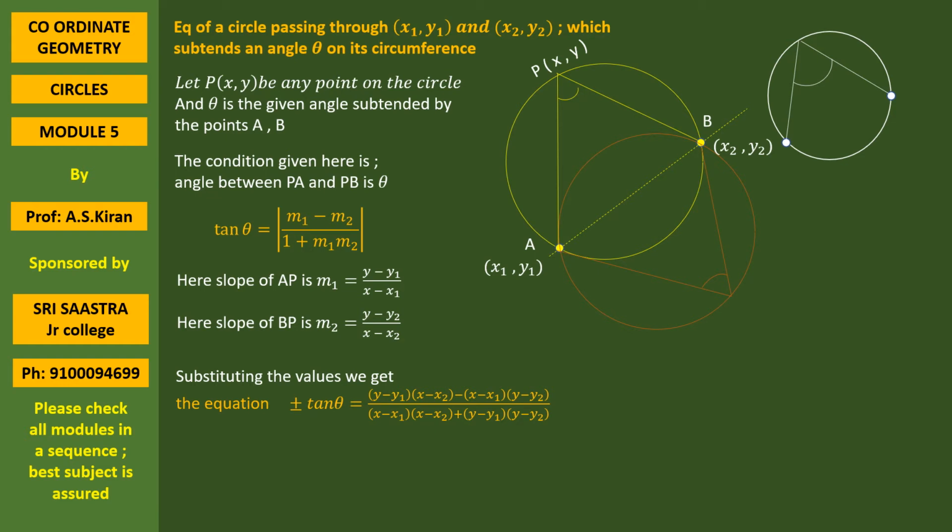On it, 2 points are given with a condition that the 2 points subtend some angle theta.